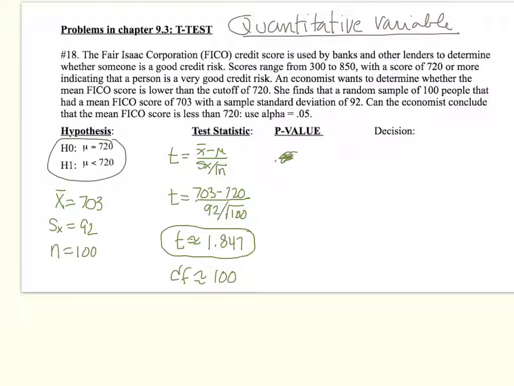Well, actually, let me do this correctly. It's between 0.025 less than the p-value less than 0.05. So from the table, we can get a range of probabilities.